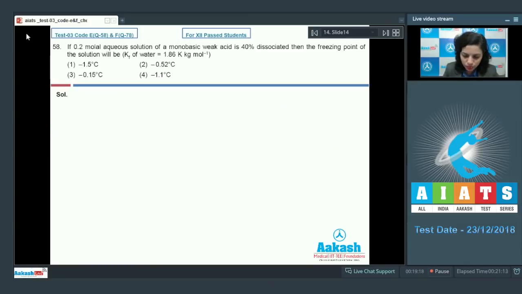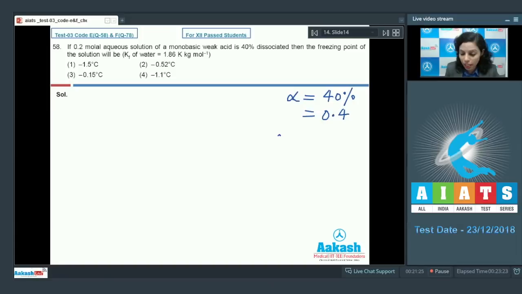Let's take the next question, question number 58. If a 0.2 molar aqueous solution of a monobasic weak acid is 40% dissociated, then the freezing point of the solution will be. Kf value of water is given, that is 1.86 Kelvin kg per mole. The alpha value is also given, that is 40%, or 0.4.